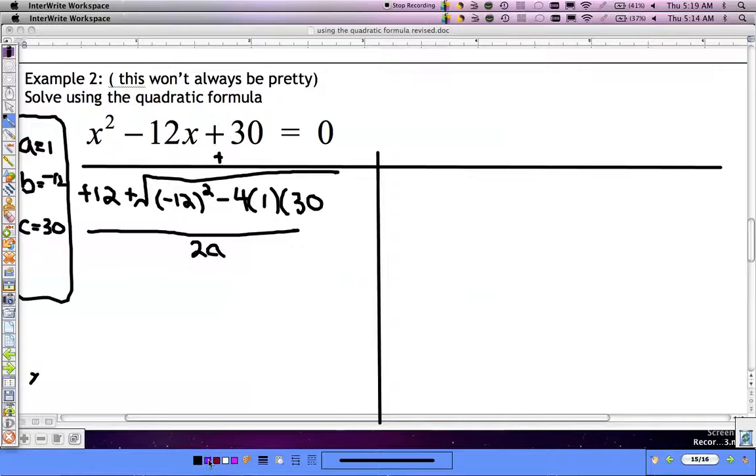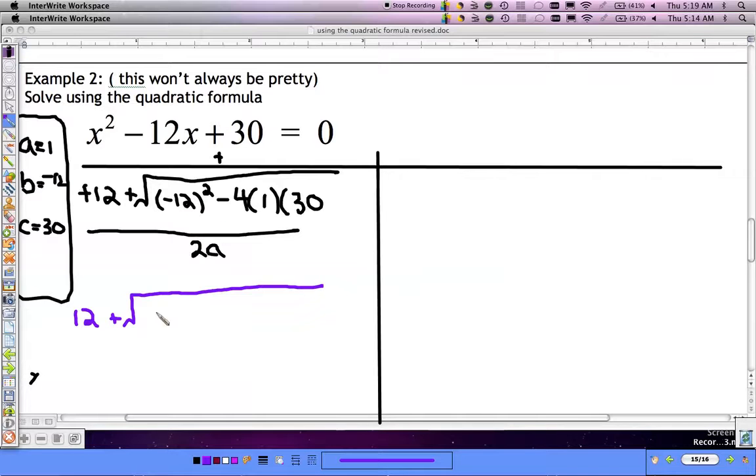So the first thing we have to do is simplify what's under the radical first. So we have 12 plus the square root of negative 12 squared.